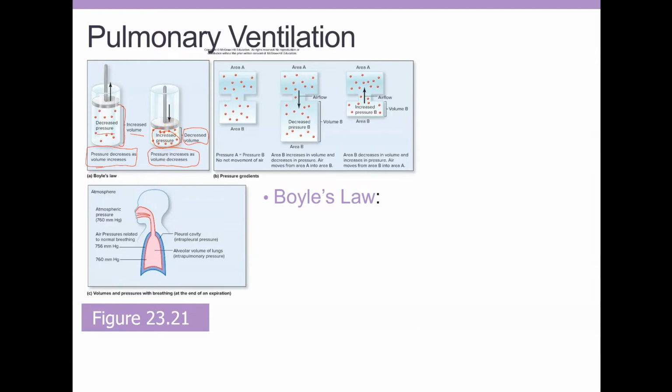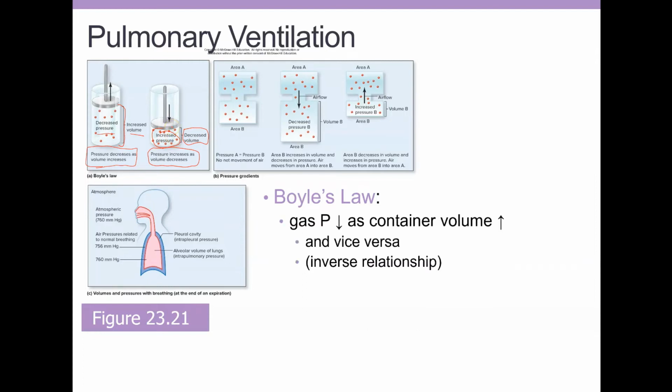That's Boyle's Law, that relationship. So the gas pressure is going to decrease as the container volume increases. We call this an inverse relationship. We've talked about some of these before in the past. That just means that as one thing goes up, the other thing goes down. And our two things here are the pressure, P, and the volume, which we're going to abbreviate as V.